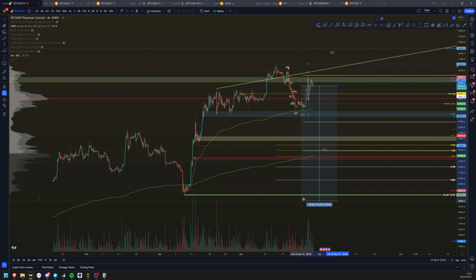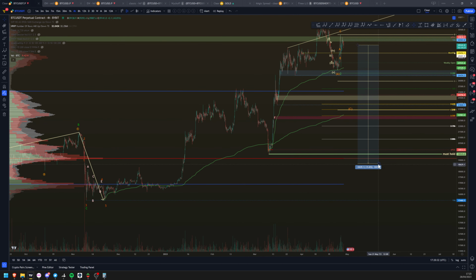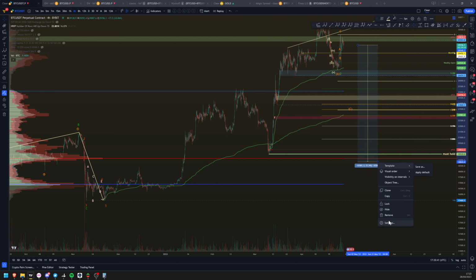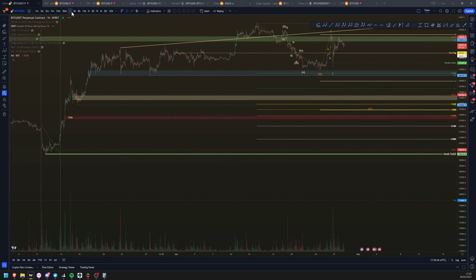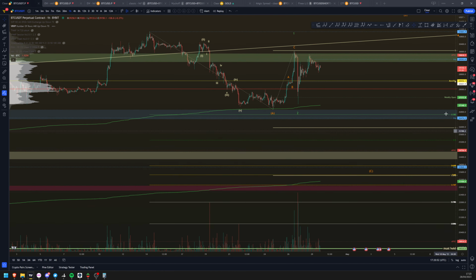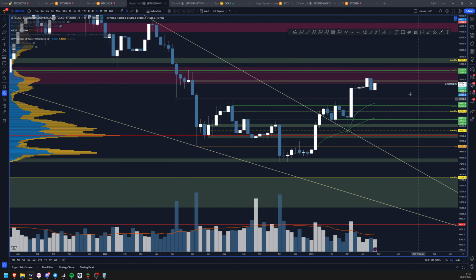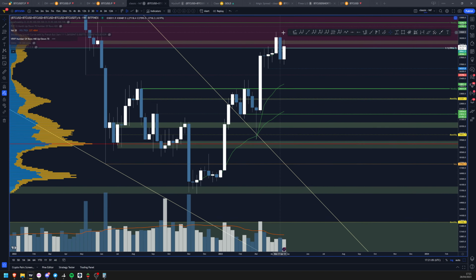So it means that if you're buying GBTC right now, you're basically buying Bitcoin at 20k, 19k. Hard to say.